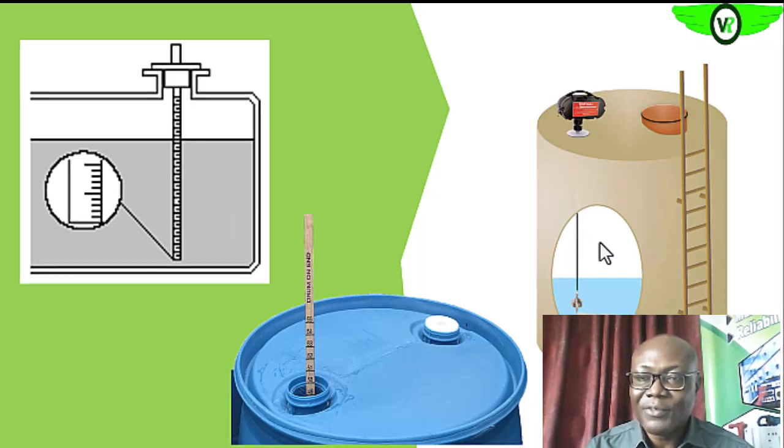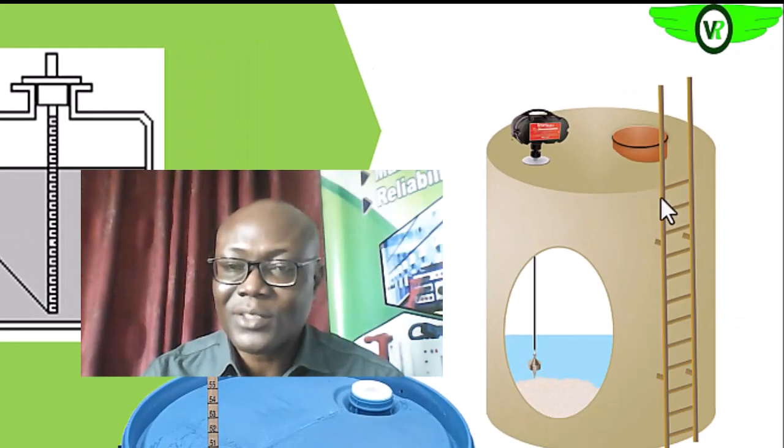So here we have another example that is used to measure directly the level of fluid or liquid in a tank. It's also the dip method, which is the dip tape. Okay, so here we have the plumb ball, which is a weight. Then this tape is calibrated.